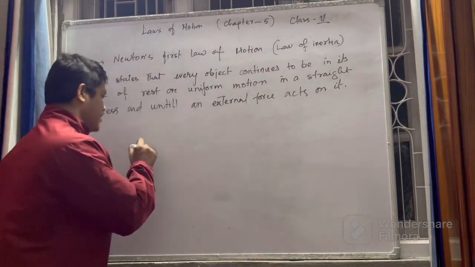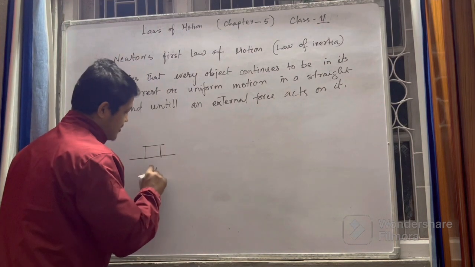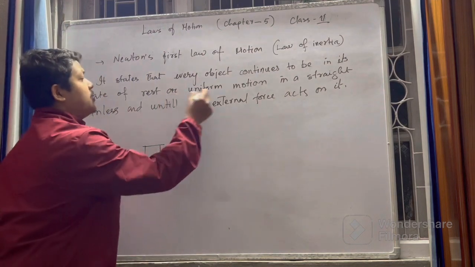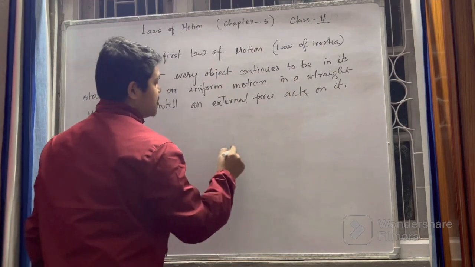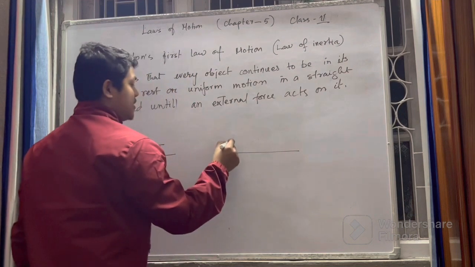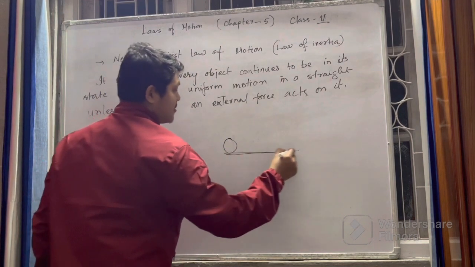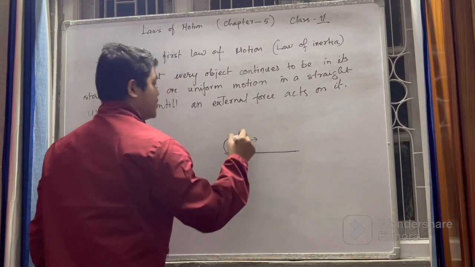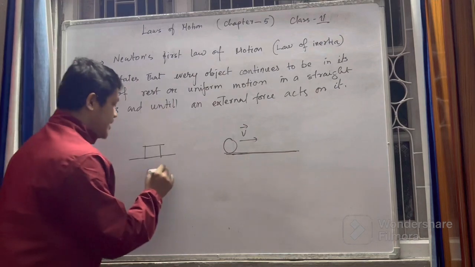That means, now you see, this is an object at rest or in uniform motion. Let me consider another object in uniform motion: a ball rolling over a surface in this direction with velocity v.